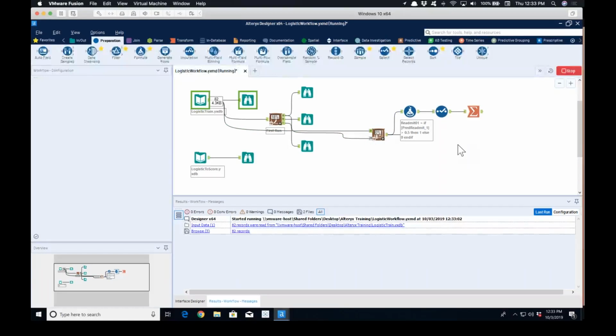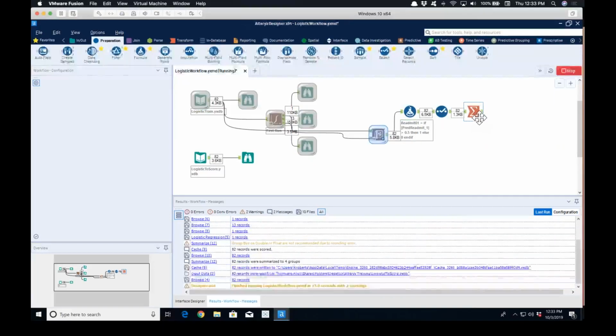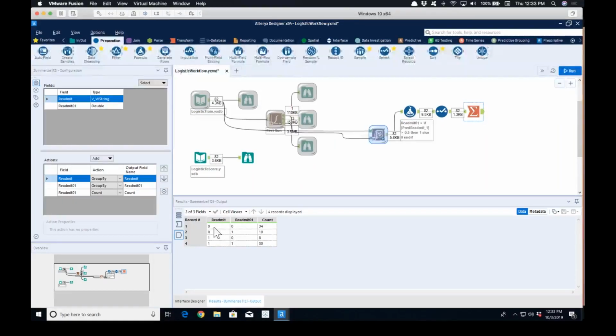As this is running through, the thing I want to show you is that if you remember, our precision that we were looking at before was 81.7%. But let's look now. Here's someone who was a 0 and we scored them as a 0: there's 34 of them. Someone who was a 0 and we scored them 1: there's 10 of them.